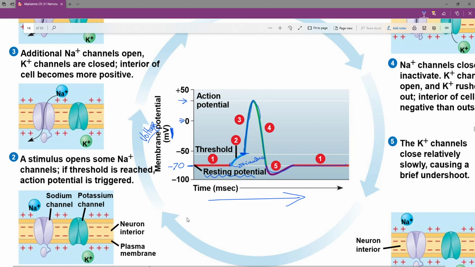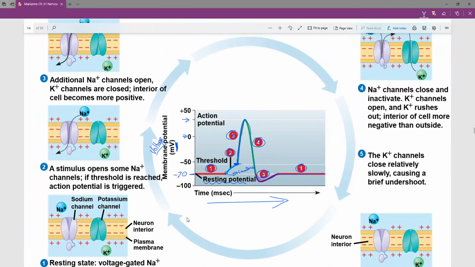I see this as a few different components. The resting potential is 1. That stimulus to the threshold is 2. The upward spike is 3. The downward return is 4. The little dip and then the return to normal is 5. I'm just going to talk through those 5 points as we move through this slide.